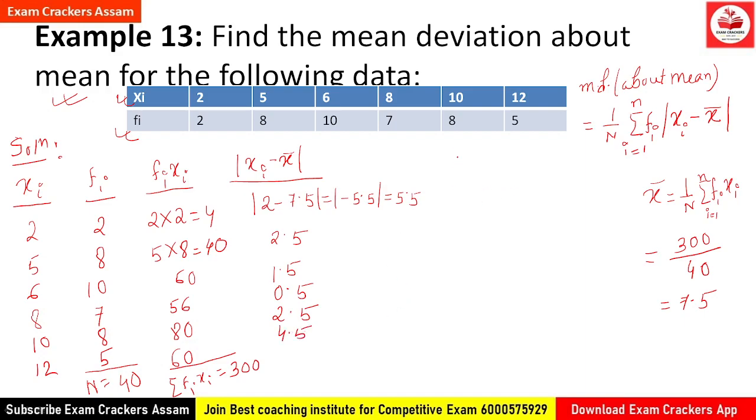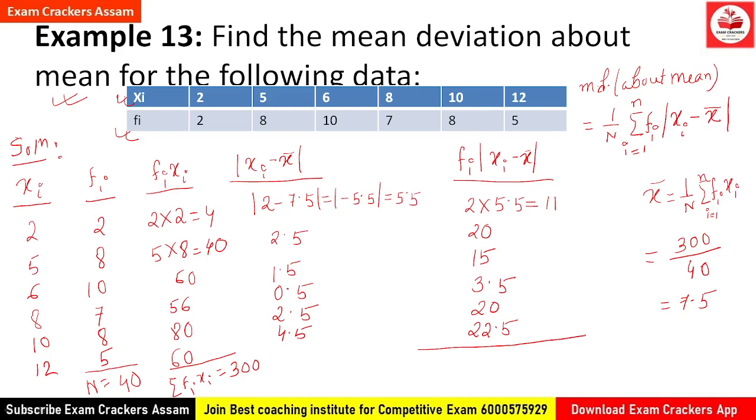So the next column will be fi into mod of xi minus x bar. Okay, so first one will be f1 into mod of x1 minus x bar. So f1 is 2 and mod of x1 minus x bar is 5.5. So the value is 11. Similarly, the next one will be 20, then 15, then 3.5, then 20, and the last one is 22.5.